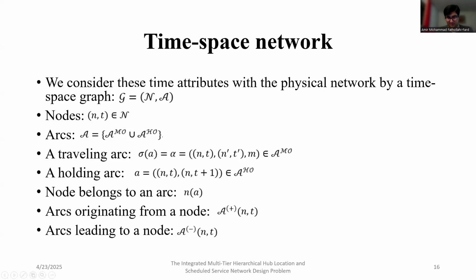Consider this example: for this traveling arc, the origin is n, the time that this arc starts is time t, and the destination for this arc is the node n prime, and the time that this arc arrives at the destination is t prime, where t prime is bigger than t.